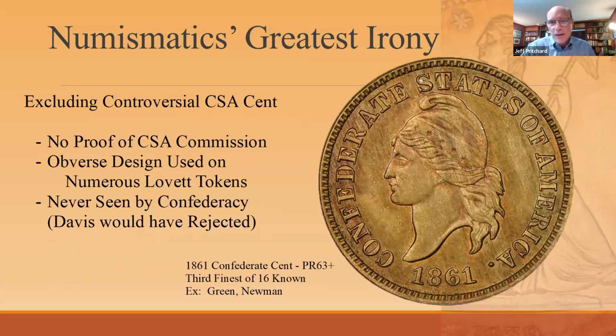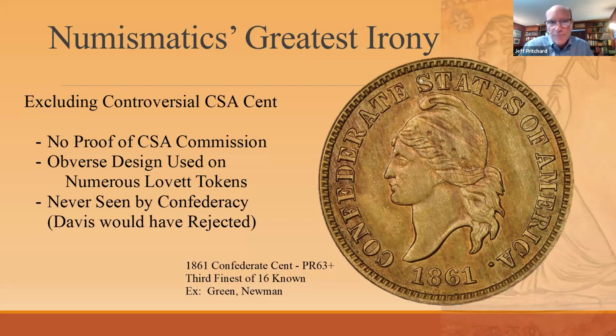And despite the fact we clearly have the Phrygian-style Liberty cap on the obverse. It's actually, in this instance, worn by Minerva, the goddess of war and justice. But I'm excluding it. By all accounts, this is essentially a fantasy piece made by a Philadelphia engraver by the name of Robert Lovett.